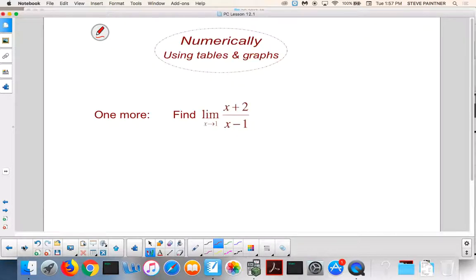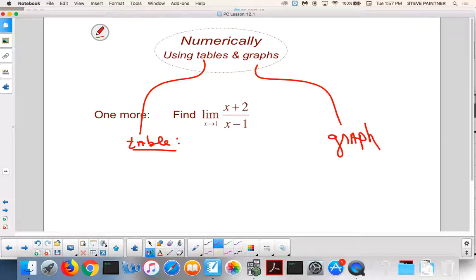Okay. I think there's one more. Go ahead, get this one either by tables or by graph. Do it either way. I don't care.